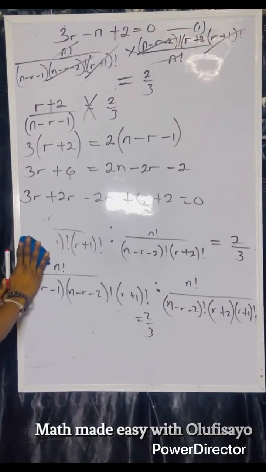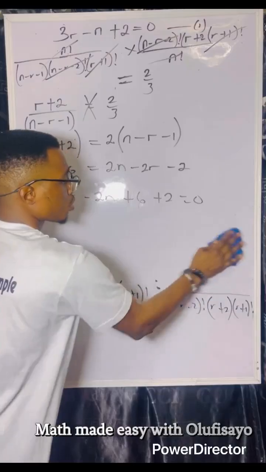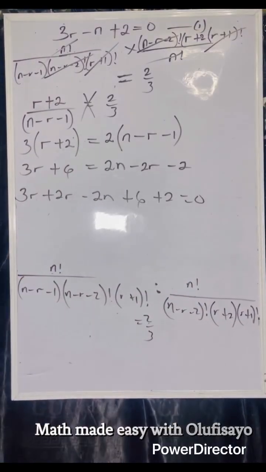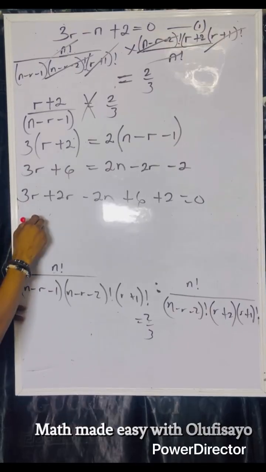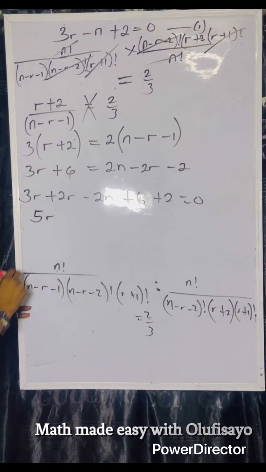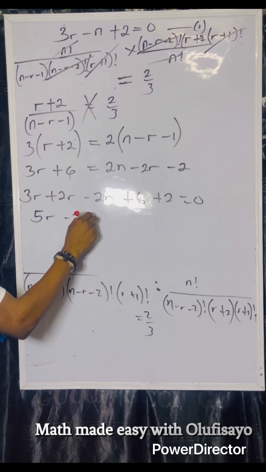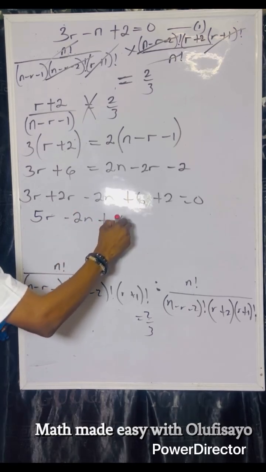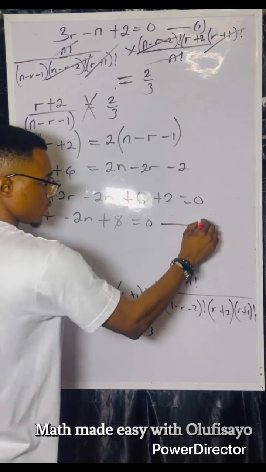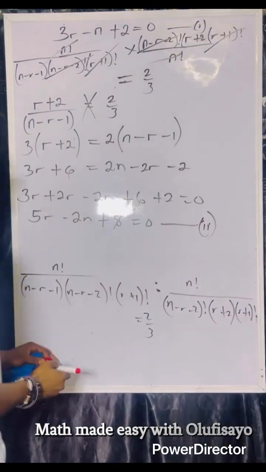So what comes up next is 3r plus 2r will give us 5r, minus 2n. 6 plus 2 will give us plus 8 equals 0. Let's call this equation 2.